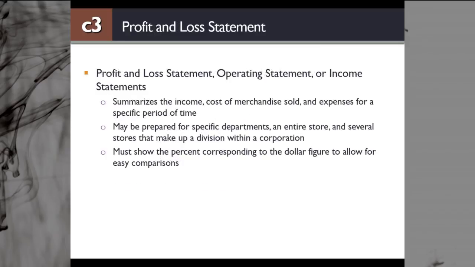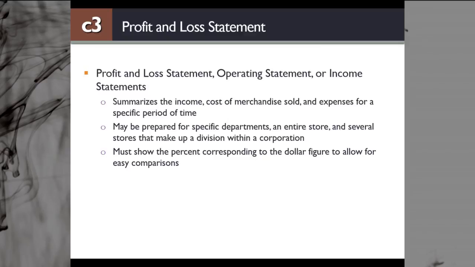So you learned about this profit and loss statement, and you learned how important that is. And I want to talk more about these profit and loss statements in this slide. So the profit and loss statement can be called by a different name. It can be called an operating statement or income statement or skeleton statement, as I mentioned earlier in this chapter in part 1.